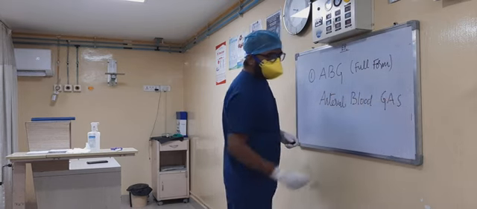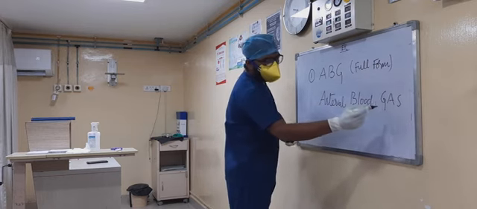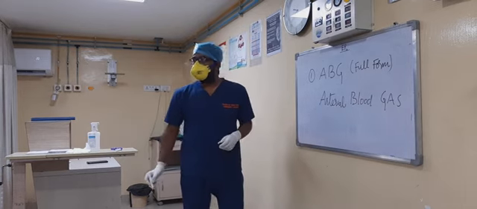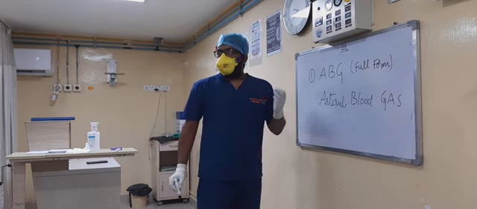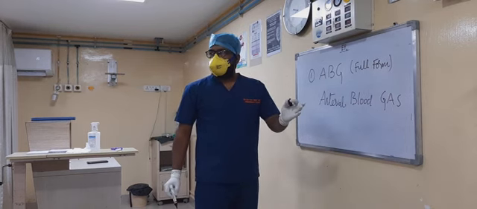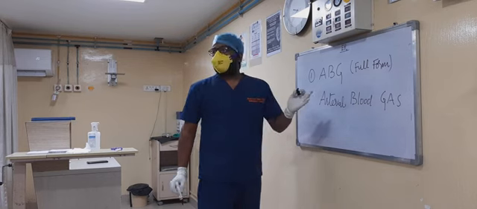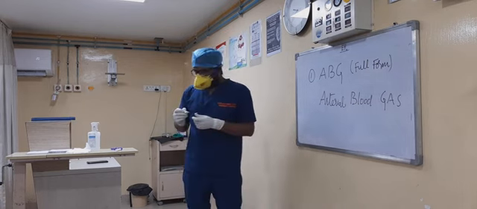What does it mean? We are taking blood from the artery to know about the gas. Okay? The gas may be oxygen, the gas may be carbon dioxide, it may be bicarbonate. Okay? To know about the gases, we are doing a blood test. We are taking the blood from the artery. Okay?